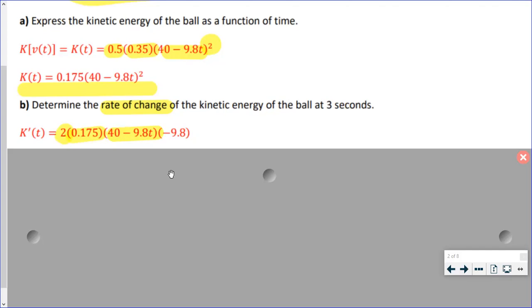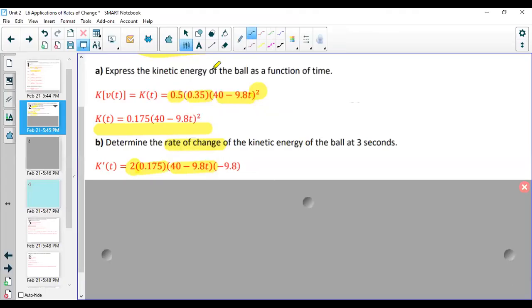That relates to the chain rule. So the derivative of the inside is negative 9.8, so we have to remember to include that. I'm going to put a box around that particular component, which is the derivative of the inside function.